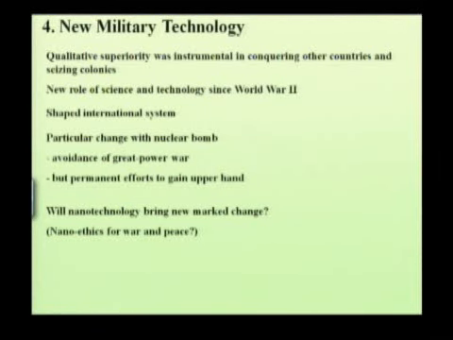Nevertheless, again, this friction, we had permanent efforts in military technology to somehow gain the upper hand, not only in nuclear weapons technologies, but also in many others, conventional ones, maybe some unusual ones, etc. So the question I am at the moment only posing, following the philosopher of yesterday afternoon, is: will nanotechnology again bring marked change in military technologies that have important influence on the international system?